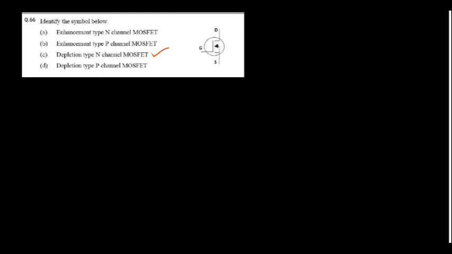This arrow is just opposite to the transistor symbol. And if here it was a dotted line, if the symbol was like this, then the channel is not there between the drain and source. Then it is an enhancement type N channel MOSFET.